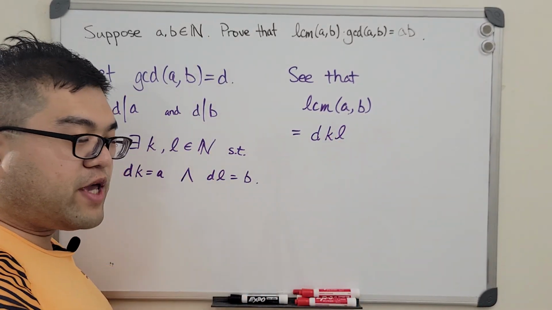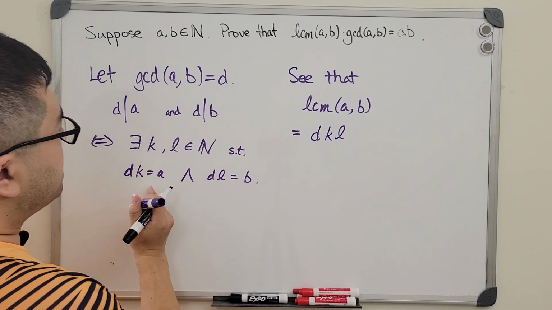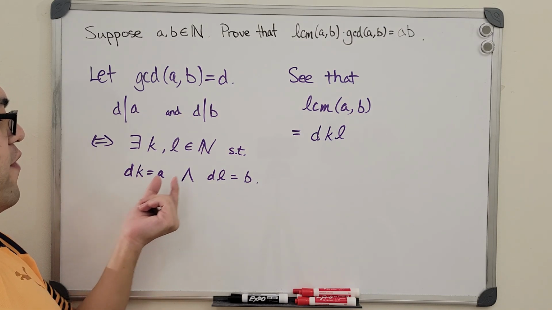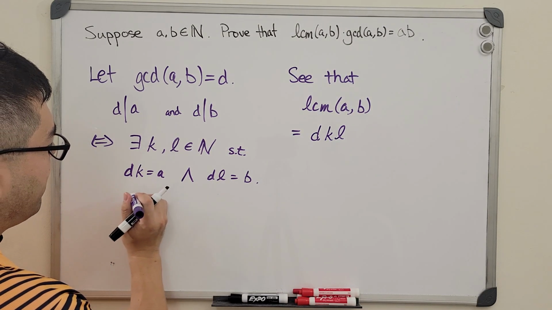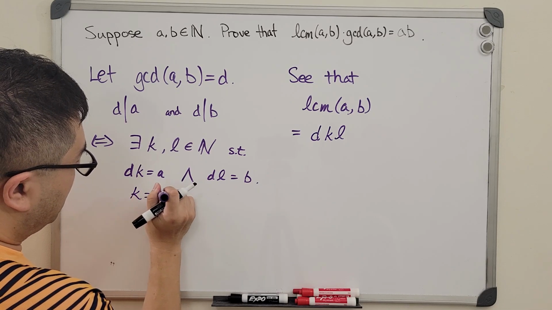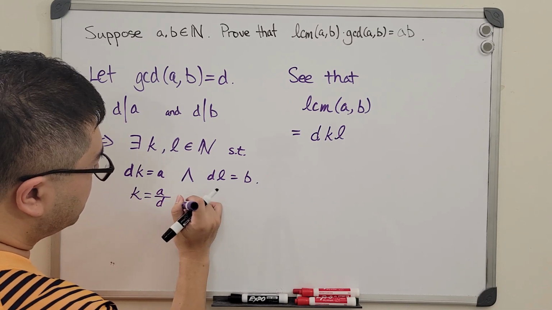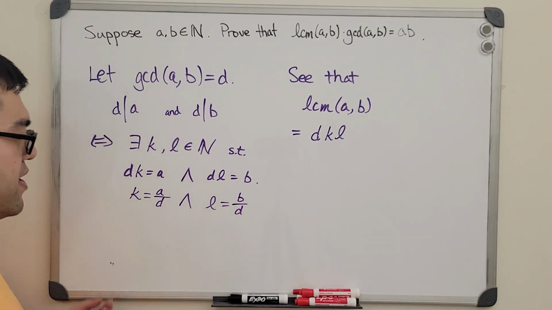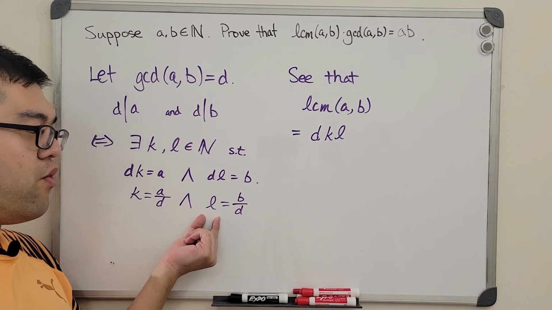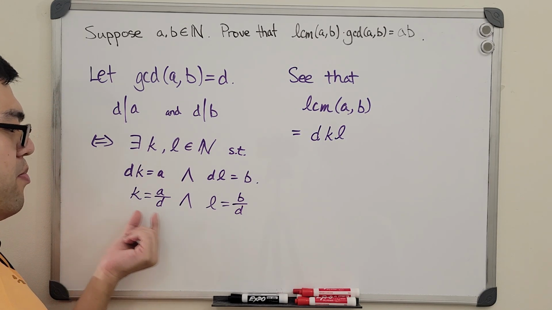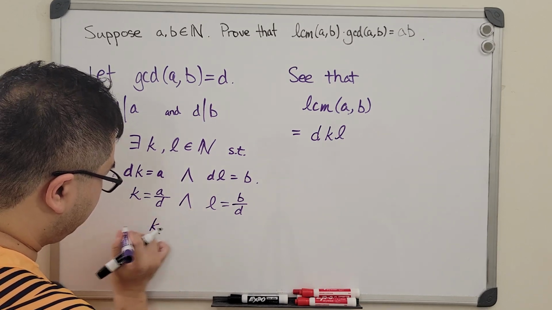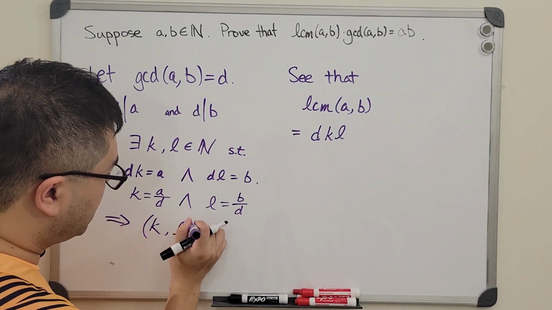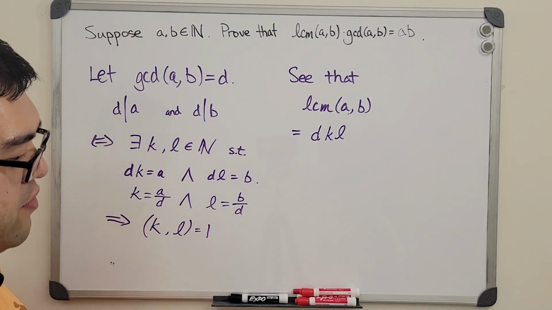And why do we know that it has to be K and L? Because if we consider the definition of GCD, D is the biggest factor of both A and B. In other words, after we divide both A and B by D, there is no more factor strictly greater than 1 that can divide both K and L. In other words, K and L have a GCD equal to 1, or we say that they are co-prime, or relatively prime.